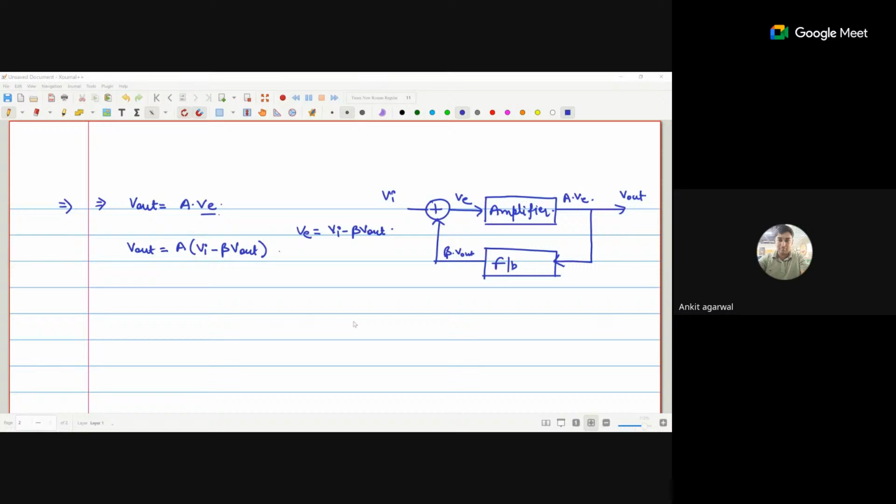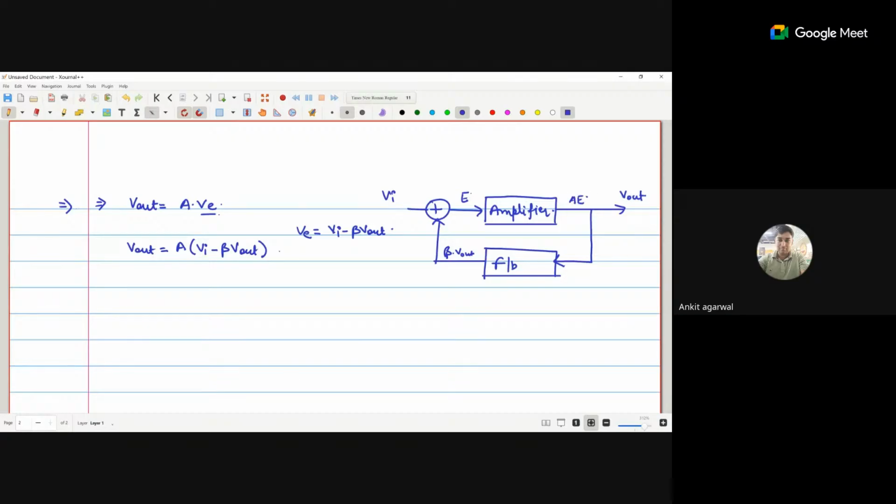Yes. Consider the negative feedback in both A and beta, which of the following is wrong. Okay. Now it is A times E. They mentioned the E. So it is A times E.